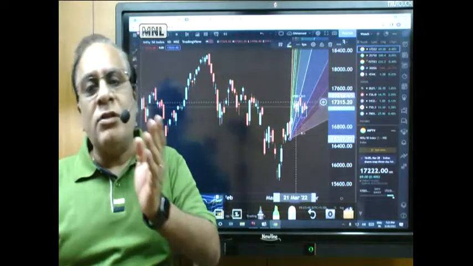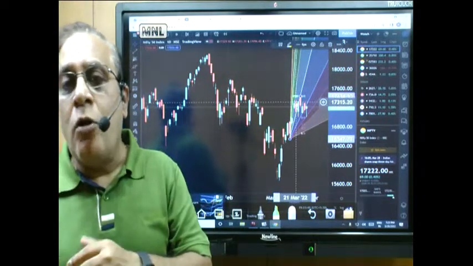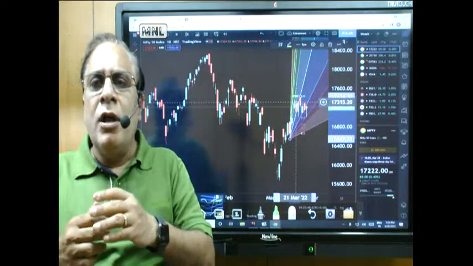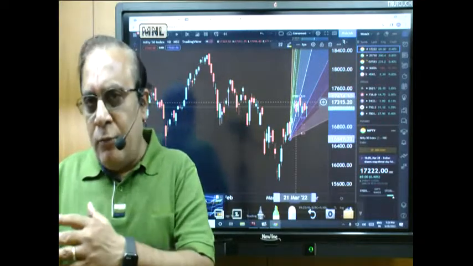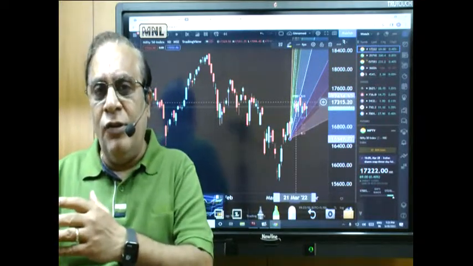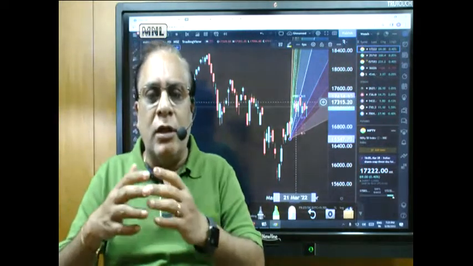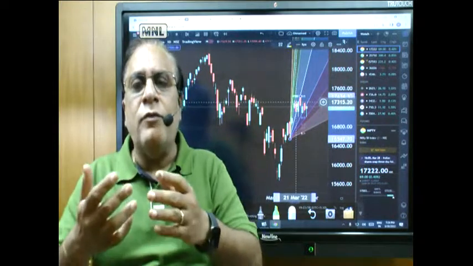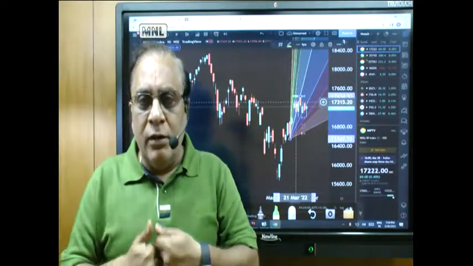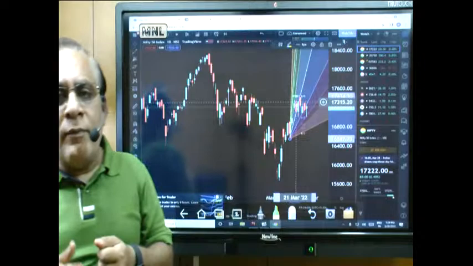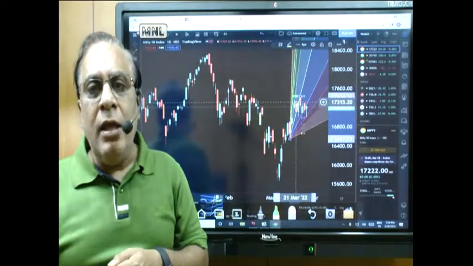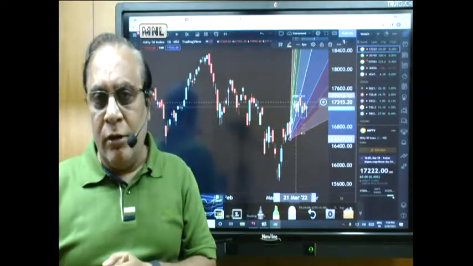Then we have R2 at 17,380, so it may not go above R2. So if there is a gap up opening tomorrow at the 17,330, 340 levels, then I think you should not keep jumping in. We should wait for some sort of a retracement, and from that retracement we should go for a buy.